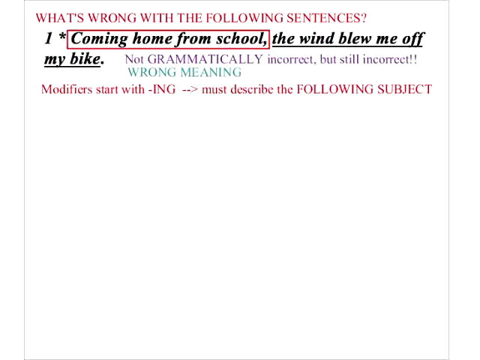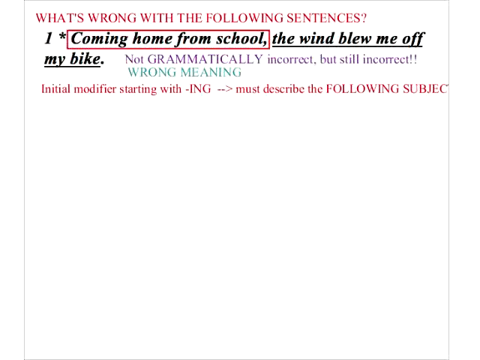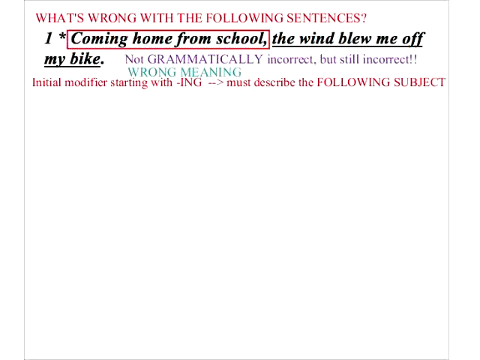So coming home, when you have an initial modifier starting with ing, initial meaning it's at the start of the sentence, you have to be talking about the following subject. So in this case, coming home from school is talking about the wind. Notice that this is not a grammatical error. It's an error in the sense that it doesn't make any sense, because the wind doesn't go to school. So by the same token, it's illogical to say that the wind is coming home from school.